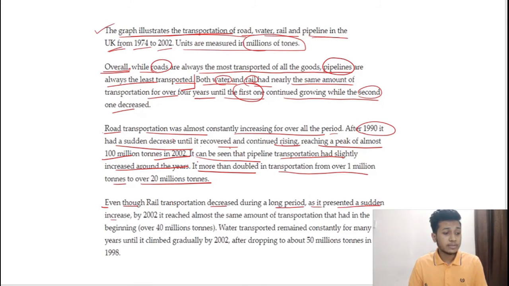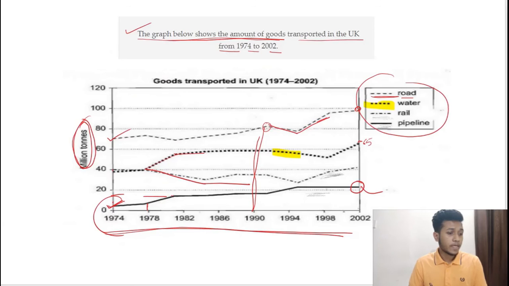So in the fourth paragraph I mentioned, even though railway transportation decreased during the long period, as it presented a sudden increase by 2002, it reached almost the same amount of transportation that it had in the beginning, over 40 million tons. In the beginning, railways were at 40 million tons in 1974, and then it decreased, and then however it increased in 2002 and went up to the mark where it was at first.